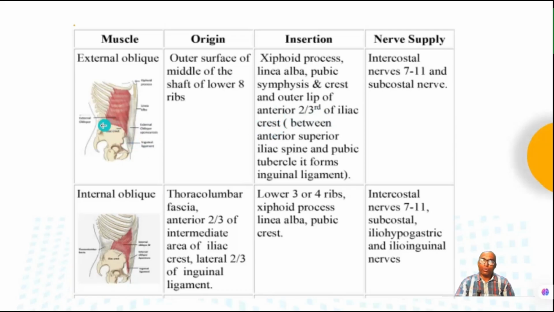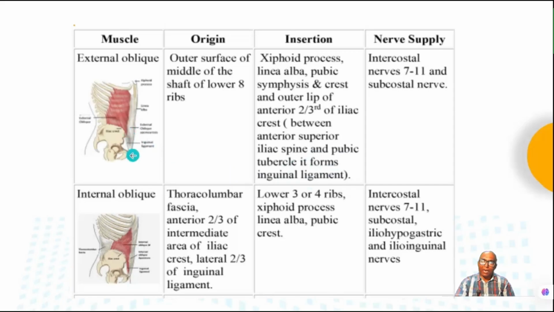The iliac crest has an outer part, middle part, and inner part. The external oblique is inserted into the outer part. It is coming from above downwards and getting inserted here. Between the anterior superior iliac spine and the pubic tubercle, it forms the inguinal ligament.